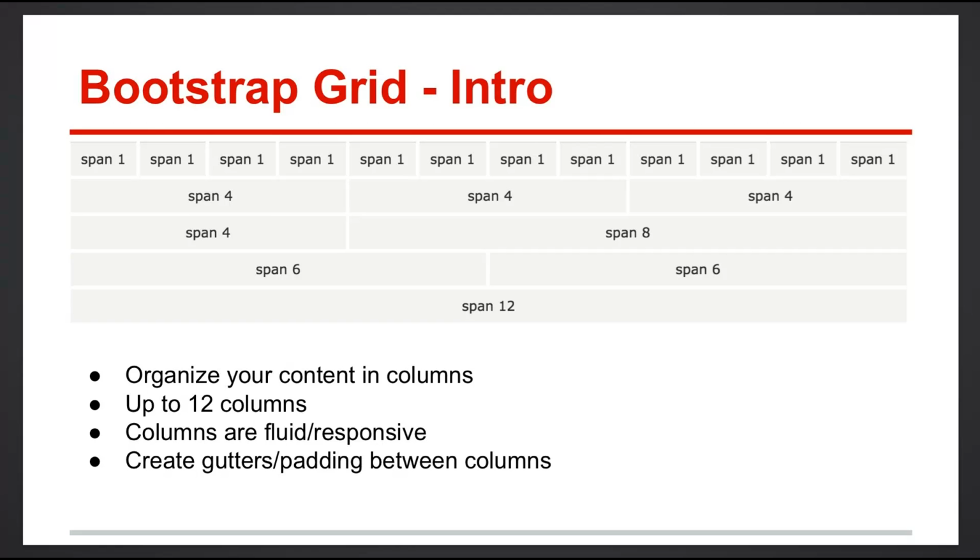Some designers do. The columns are fluid and responsive, so you can define a column to have different behavior based on what the screen size is. You could also use the SASS or the LESS to create gutters or padding between the columns. By default, there doesn't seem to be any, and that works for most people.